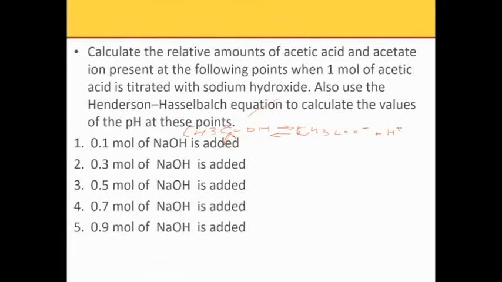So if in the first case you have 0.1 mole of sodium hydroxide, that means you will consume acetic acid and make this go in this direction. So it will be 0.9, and 0.1 and 0.1, because this 0.1 will need to be used by the sodium hydroxide.